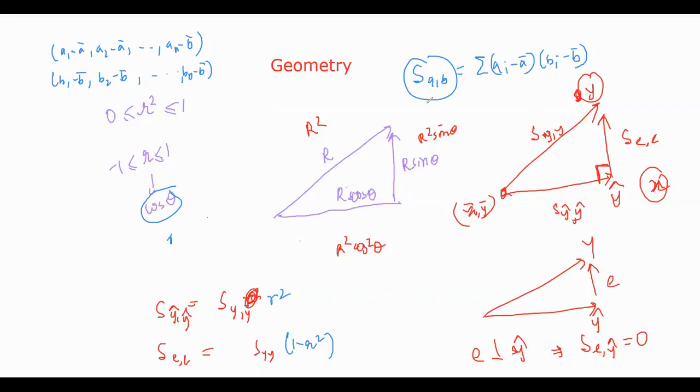So y is the vector y1 minus y bar, y2 minus y bar, up to yn minus y bar. This is the y1 hat minus the average of that, and it goes on. And this is the error part, e1, e2, and so on. Essentially everything is perpendicular to each and every one.